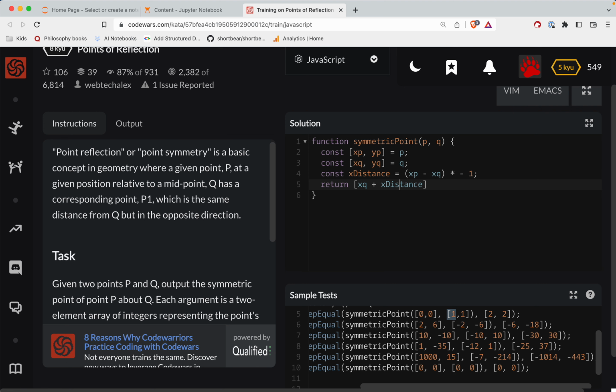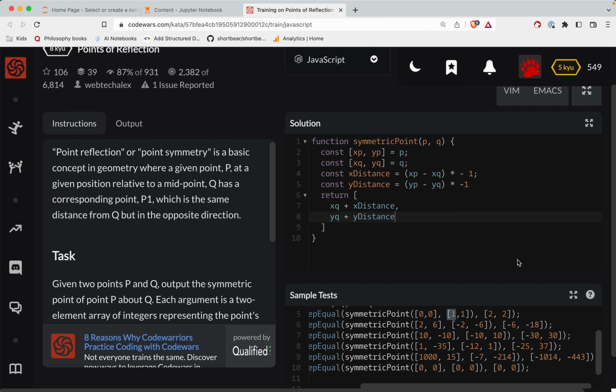So there's your x. This is going to go great. If this works, I'm getting an extra cup of coffee. I've earned it. Const y distance is equal to y at p minus y at q times -1. And then we'll do y at q plus y distance.